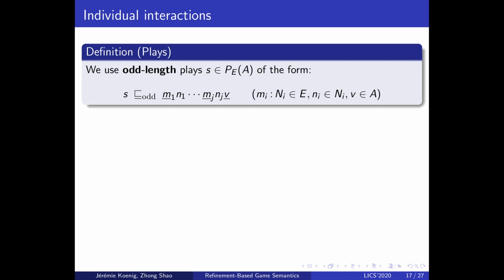Given a signature, we can define the corresponding set of plays. Each play represents an execution of a computation which asks questions from a signature E and gets answers from the environment. A play will be a sequence of questions and answers, and the computation can also terminate with an outcome in a given set A. For clarity, we underline the moves of the system and leave the moves of the environment as is.